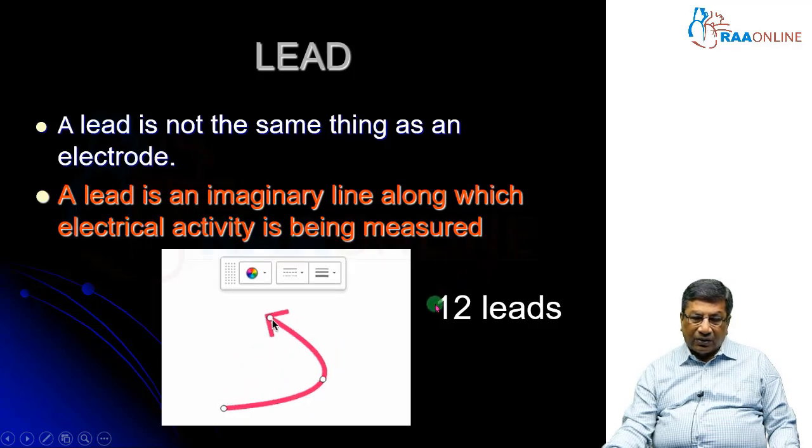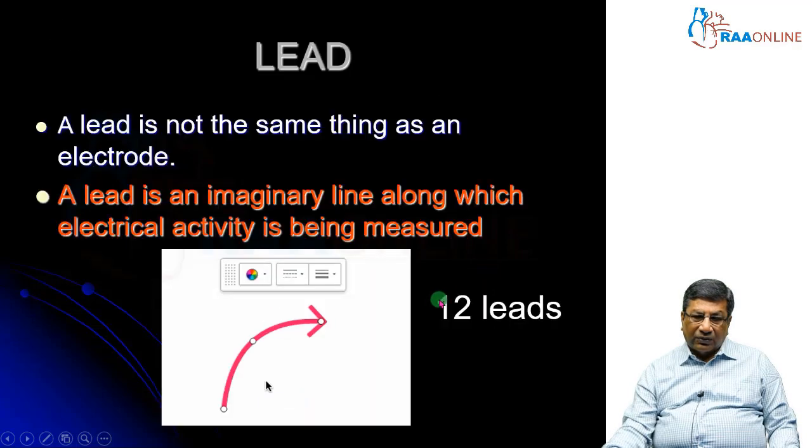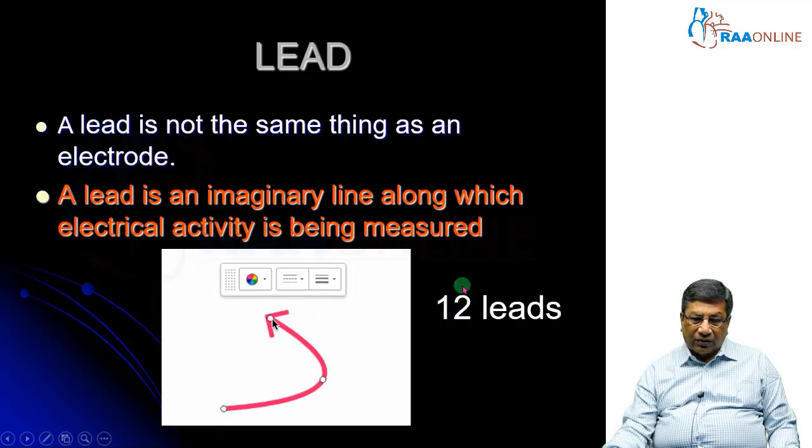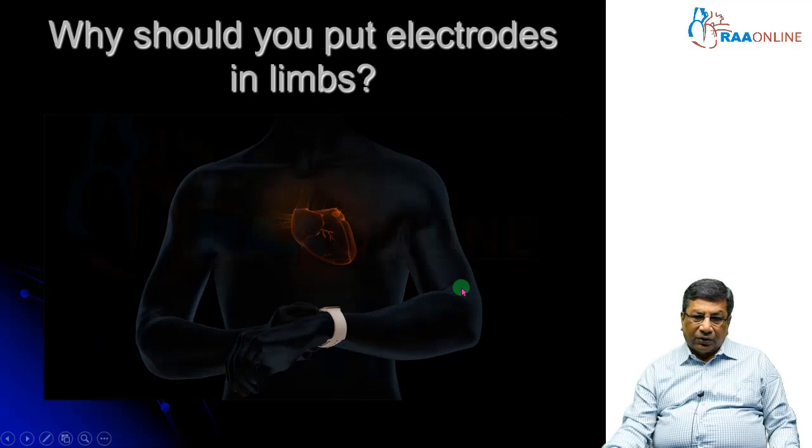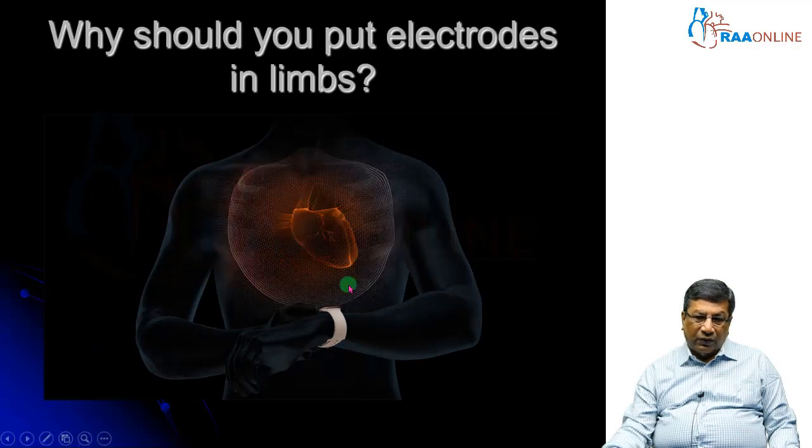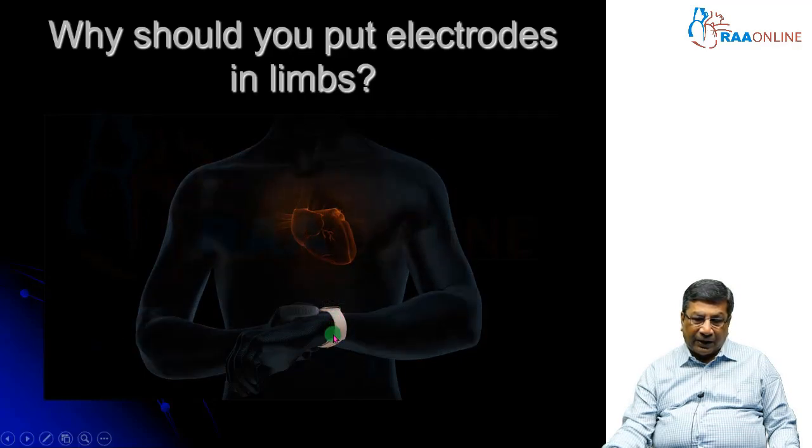So what happens is you have 10 electrodes and you have 12 leads. Before that, you must understand why we should put electrodes on the upper limb and the lower limb. The heart is in the center of the chest, and we do not have the heart in the upper limb and the lower limb. Still, we put electrodes on the upper limbs and the lower limbs. Why is that? Because the sinus node impulse, or the sinus node current, is not confined to the heart.